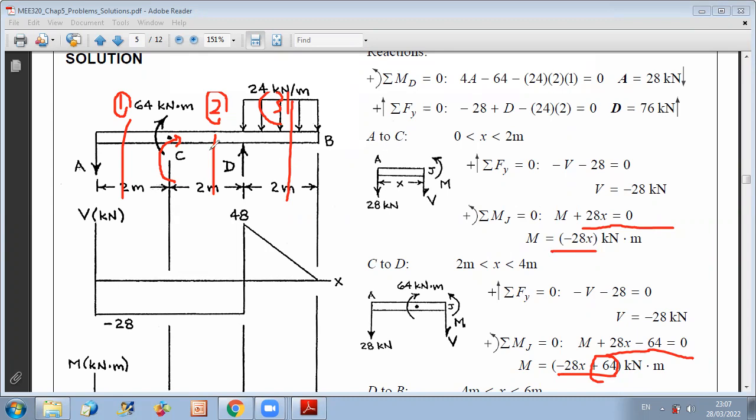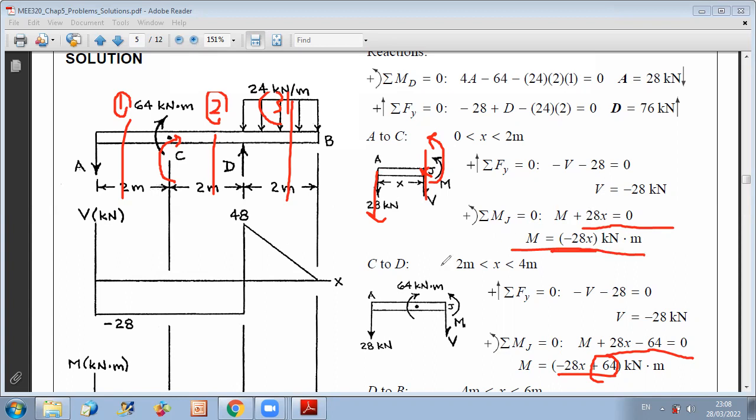If I take before point C and I want to write the equation of bending moment, I just have sum of moments about this point equals 0, and then I have plus M and plus 28 times x equals 0. So the bending moment is minus 28x. You can verify that the derivative of moment will give you the shear.